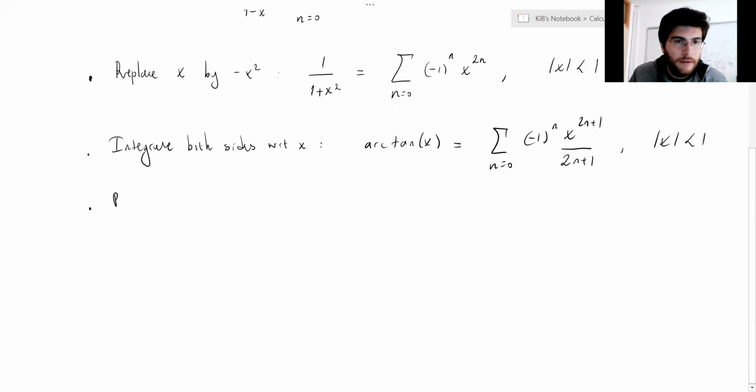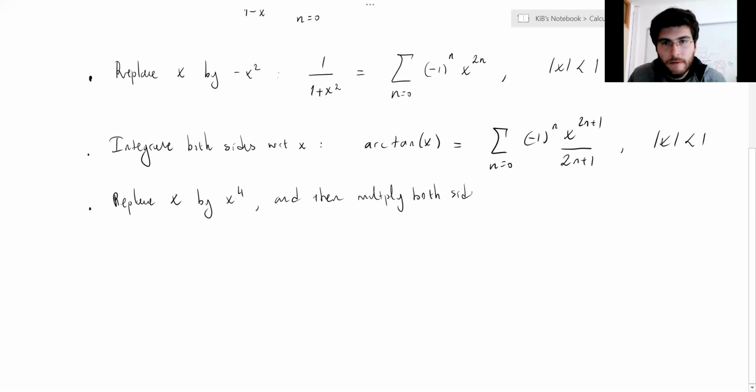Let's do it. Just replace x by x to the 4, and then multiply both sides by x squared. So first do the former replacement. Instead of x, we have x to the 4.